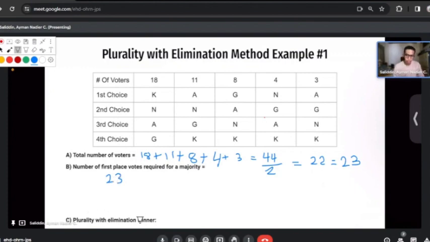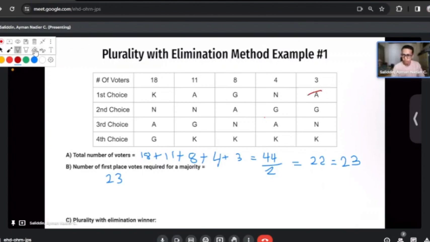Now, plurality with elimination winner is going to be different than plurality alone, right? Plurality is the case of 1. But here now, we're going to start eliminating until we reach that majority. Obviously, we're going to eliminate the least voted one.